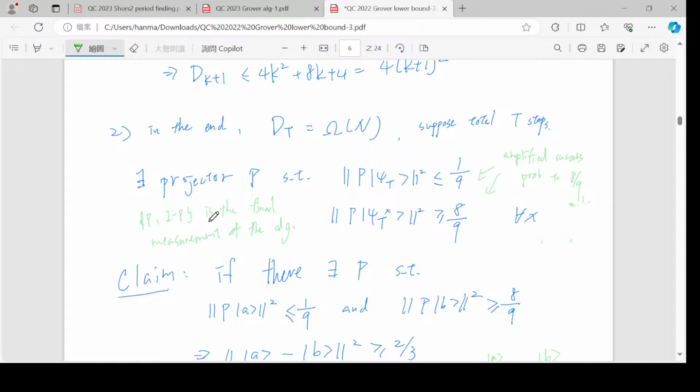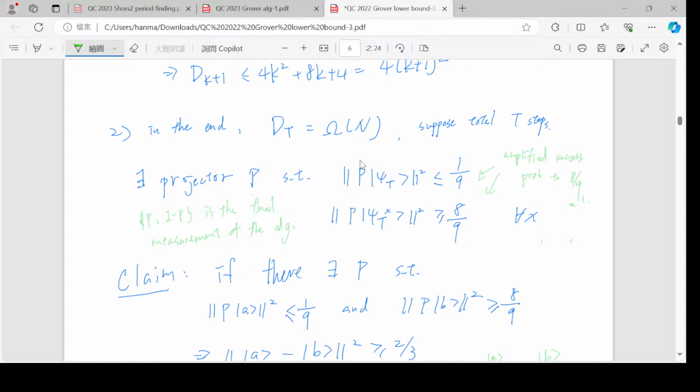So the algorithm will make these projective measurements on P and 1 minus P. And let's assume it has a pretty good success probability to make our proof here a bit easier.